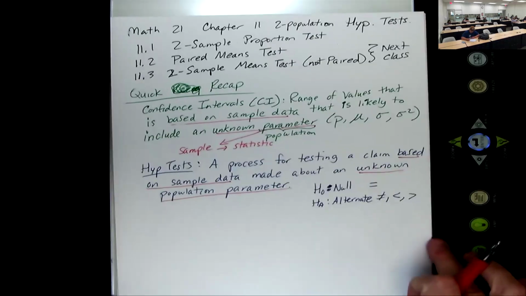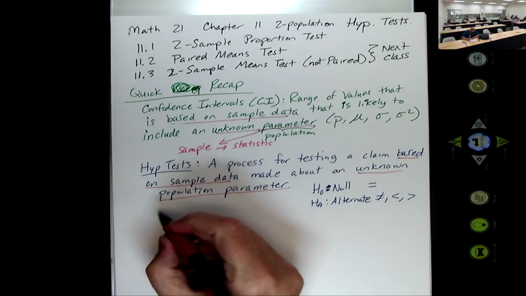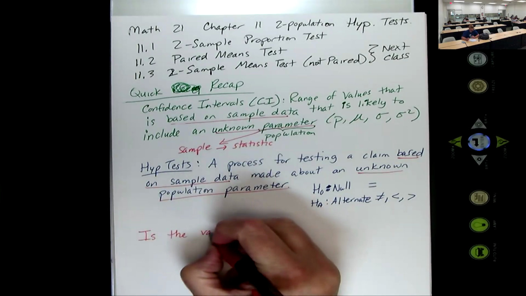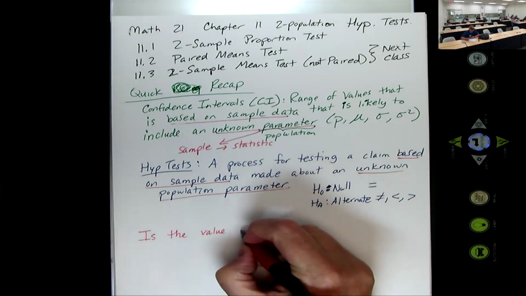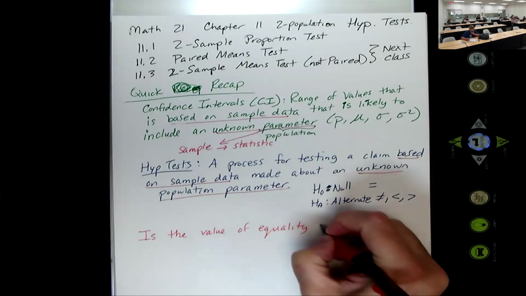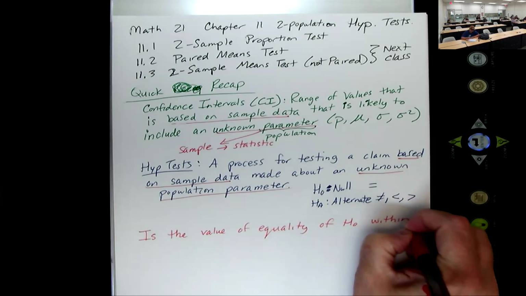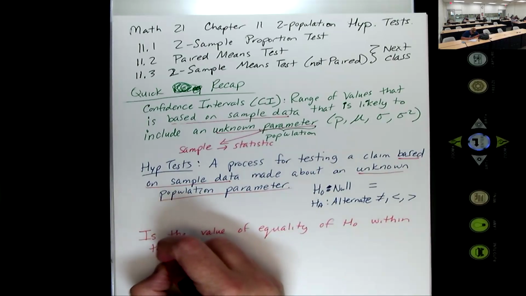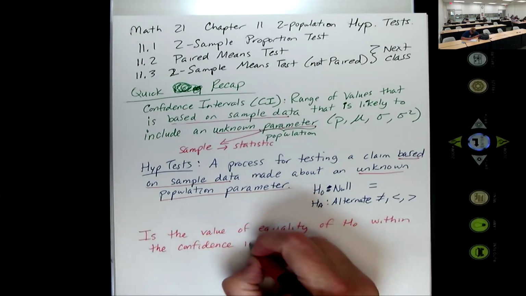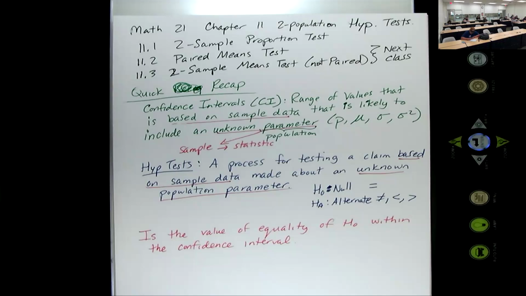When you put them together, what we're really finding out is whether the value of equality from H naught is within the confidence interval. That is what our p-value test shows.